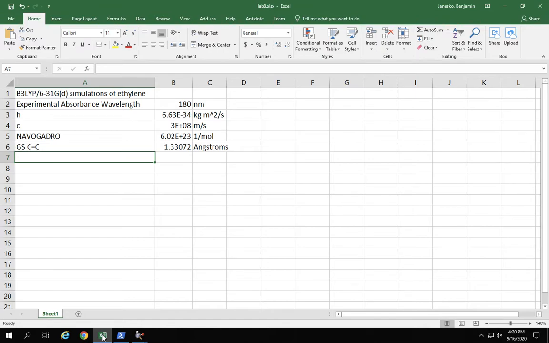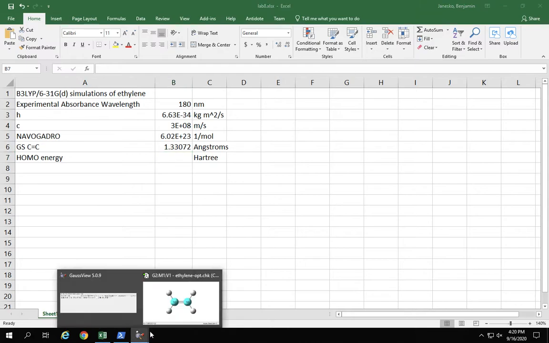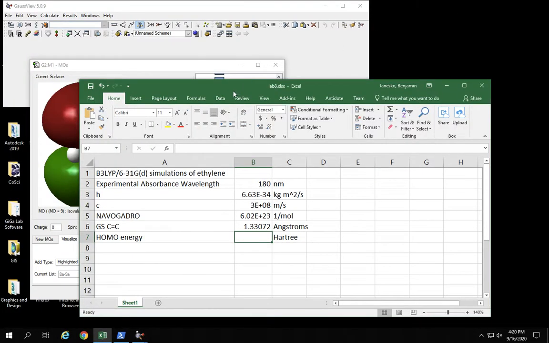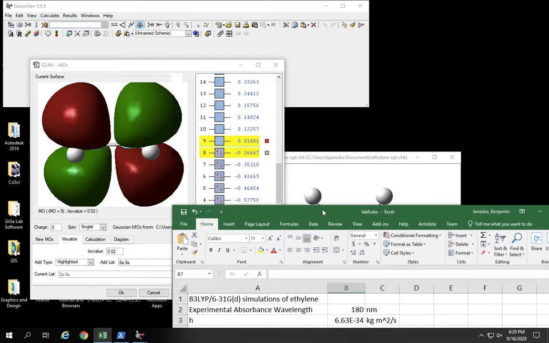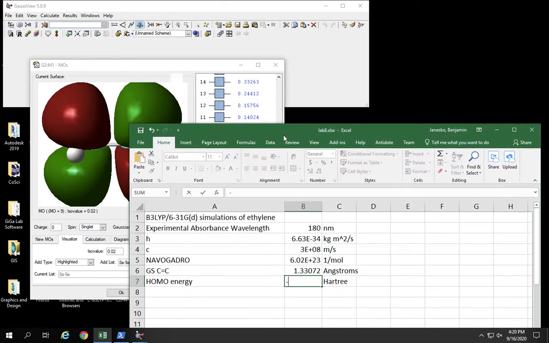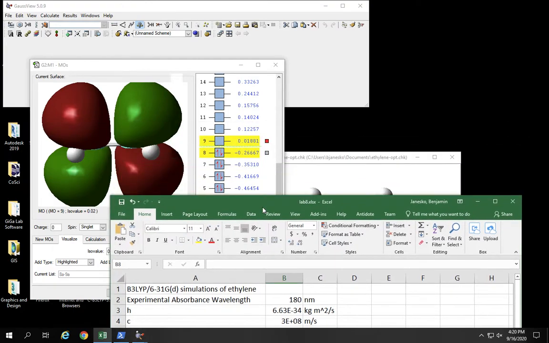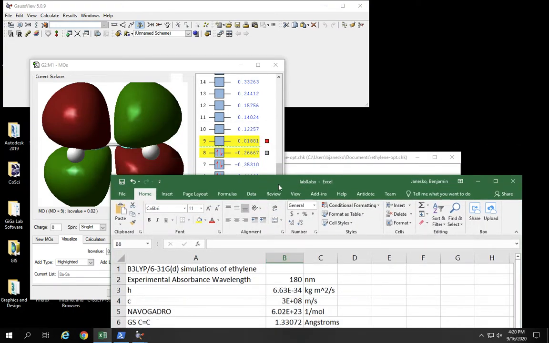So, the HOMO energy in Hartree is minus 0.26667, that's all right.